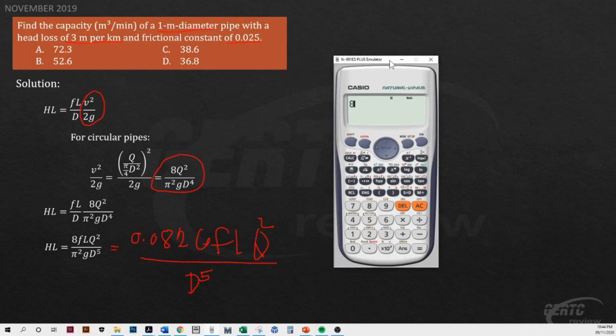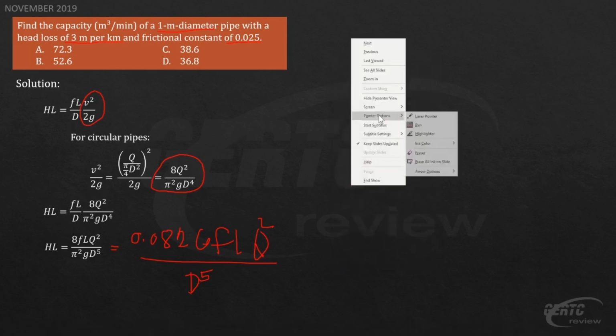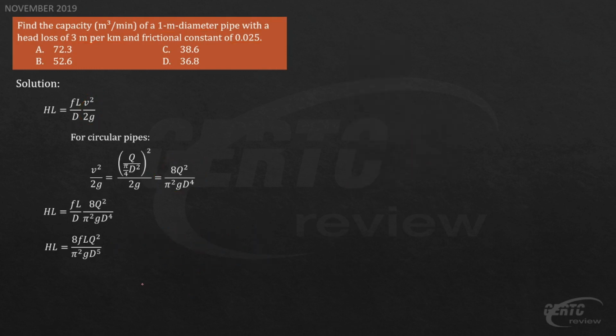So, 8 divided by pi squared, divided by 9.81. Yan yung ginagamit natin. 0.0826. Actually, 0.082626. 0.08263 to be exact. Na para mas accurate siya. So, you can use that. It's up to you. Walang problema yan.